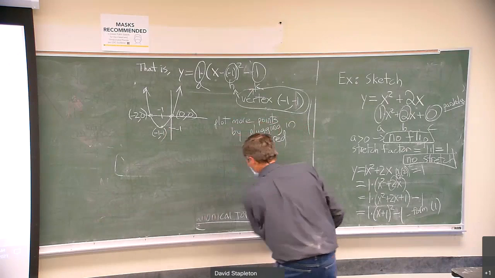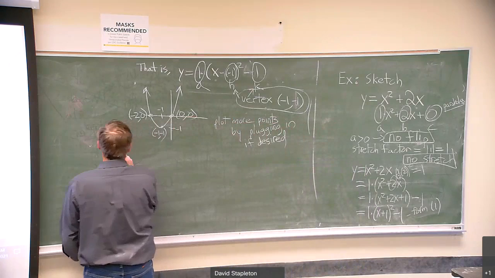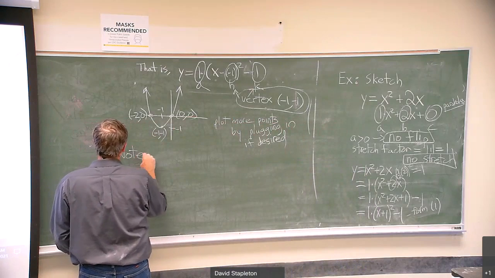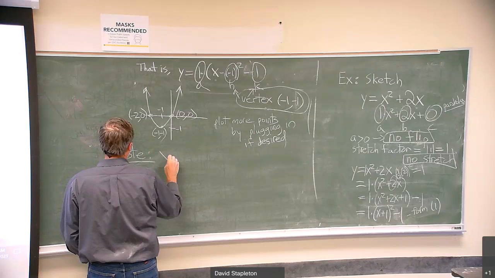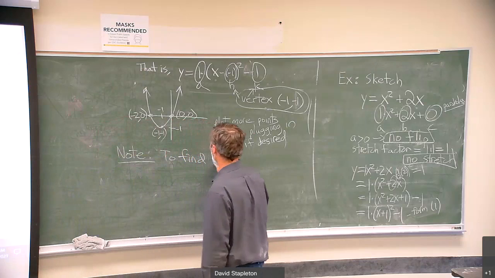Now, one more thing that's really useful about parabolas is just like the other functions we did before, is to find the intercepts. Remember how to find an x-intercept? You find an x-intercept where it intersects the x-axis.